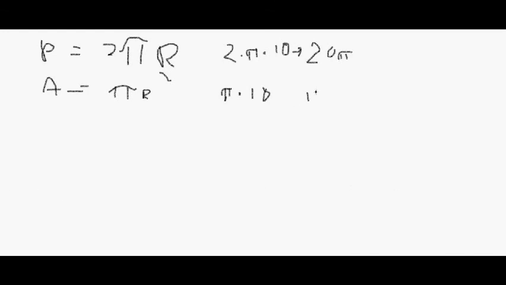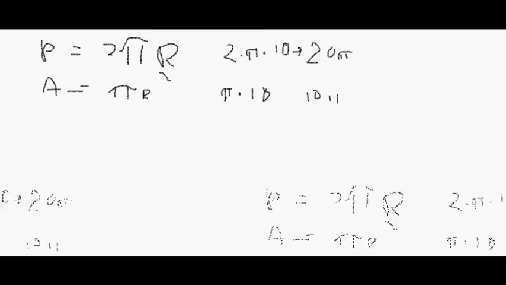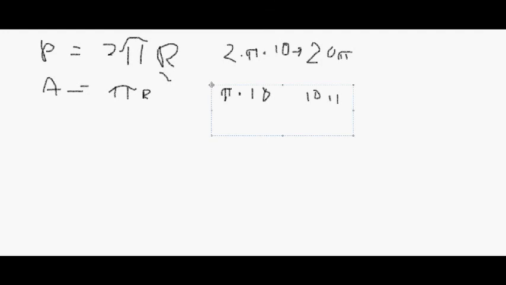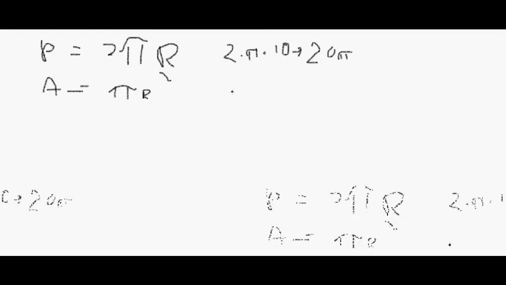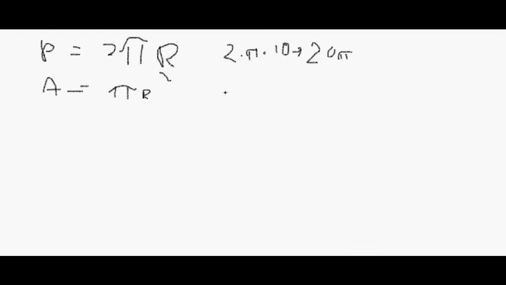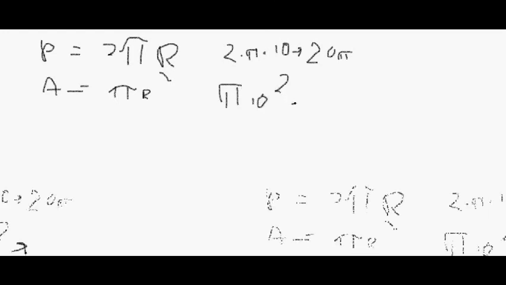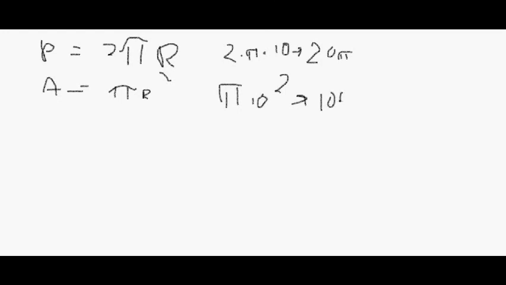And then 10 times... Oh boy, I made a mistake, didn't I? This is pi r squared. So it is pi times 10 squared. I didn't realize I made a mistake. And this becomes 100 pi. There we go.